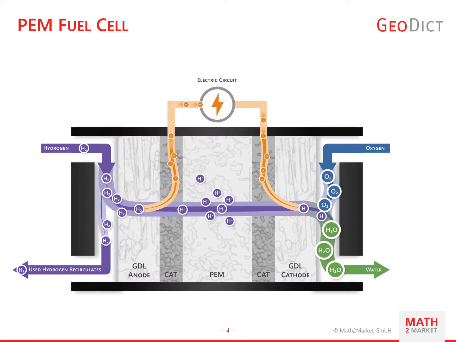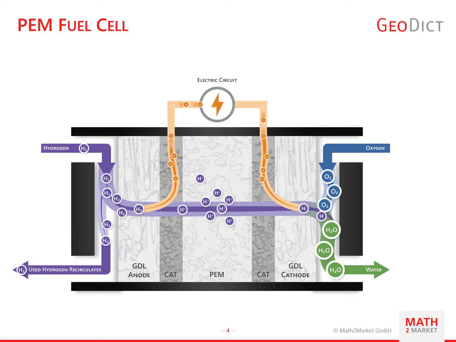The other system we are dealing with in the battery and fuel cells area is of course a fuel cell, or to be more precise, a PEM fuel cell, a proton exchange membrane fuel cell. What is the working principle of a PEM fuel cell? Well, it generates electricity by oxidizing the hydrogen in a catalytic layer.